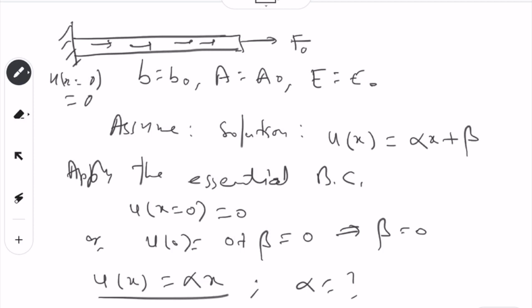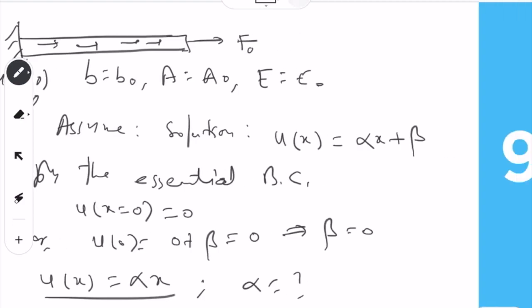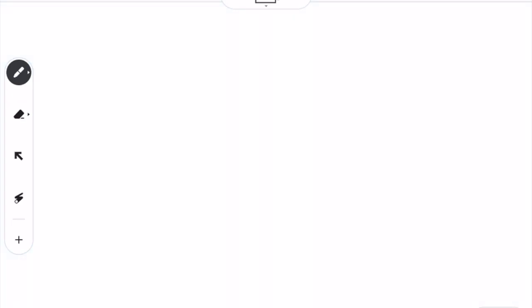Okay. Now if that is the case, then we can have the potential energy. Psi, x we can write it now, and x will be 0 to L, and then we have half, then E naught A naught, all constant, then du over dx squared.